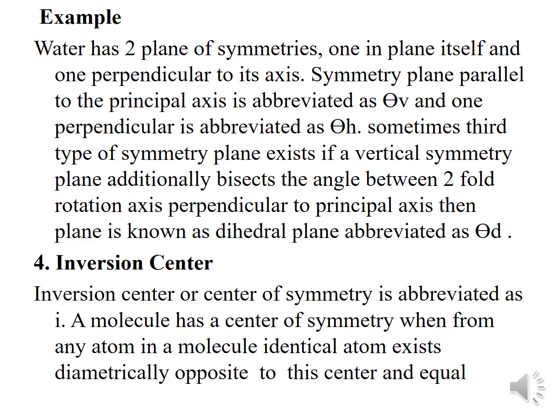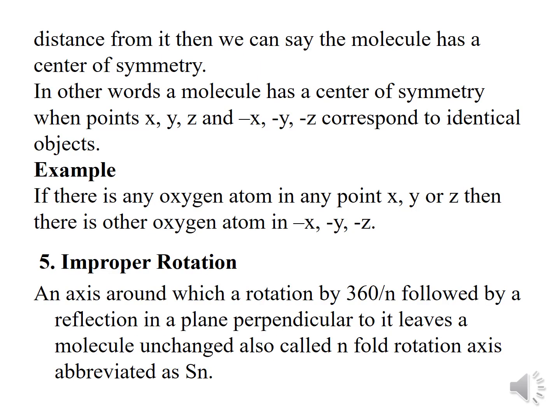A molecule has a center of symmetry when from any atom in the molecule, an identical atom exists diametrically opposite to the center and at the same distance from it. Then we can say the molecule has a center of symmetry.